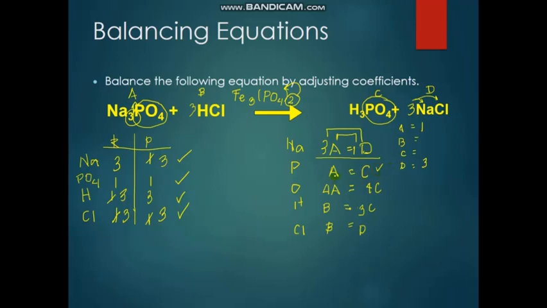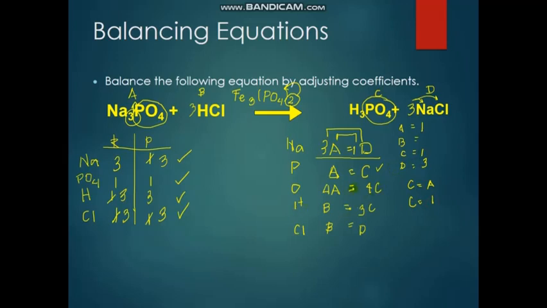Of course, since we already have a value of A, we can find C. Since A is equal to 1 and C is equal to A, therefore C is equal to 1.